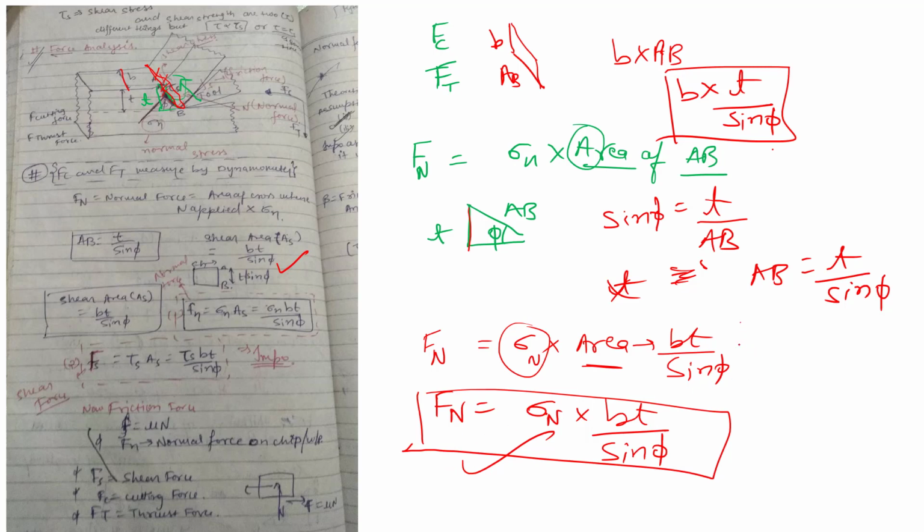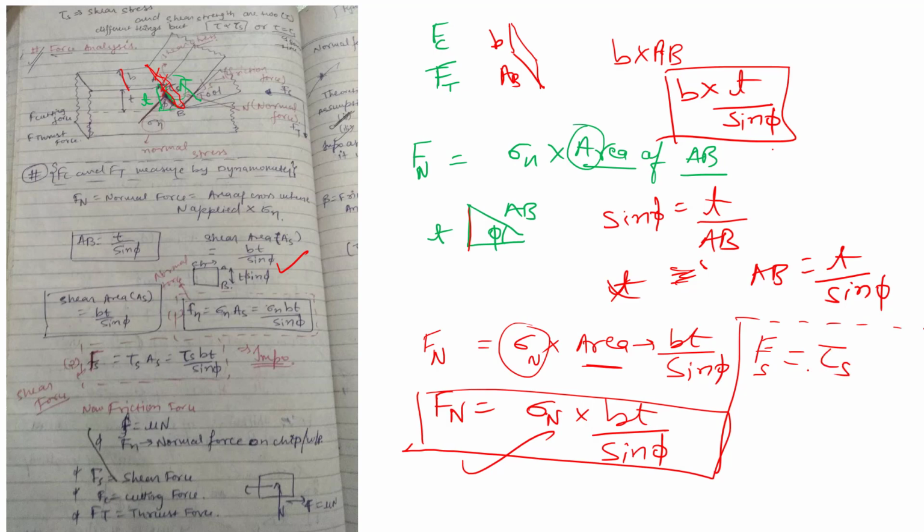So it was very easy to find the force. Let's proceed further. How to find the normal force? That was the normal force. How to find the shear force? Using the shear force, we have to take where the shear action takes place.